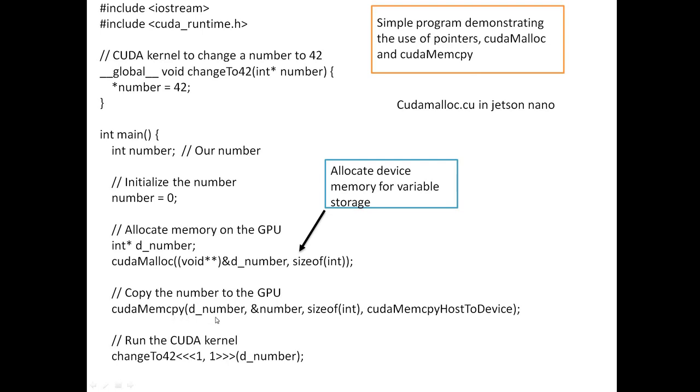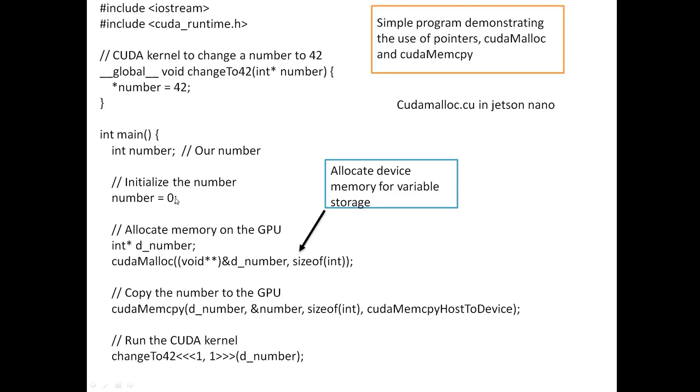So memory copy from host to device, that means you are copying the data to the device. And after that, when you launch a kernel, change to 42 is a function which is being executed in the GPU. You are sending a number to the GPU, and the number value is changed in the GPU and returned.